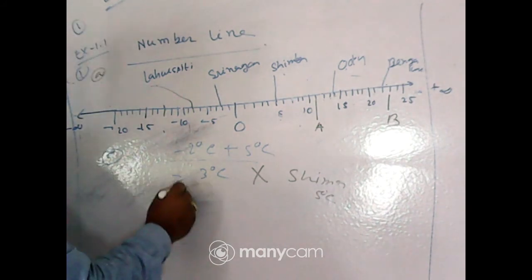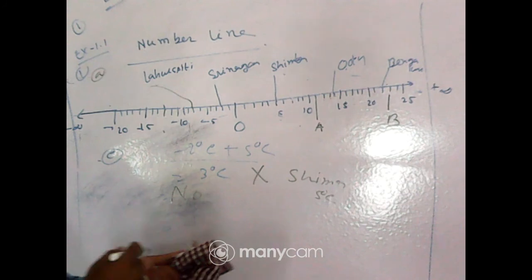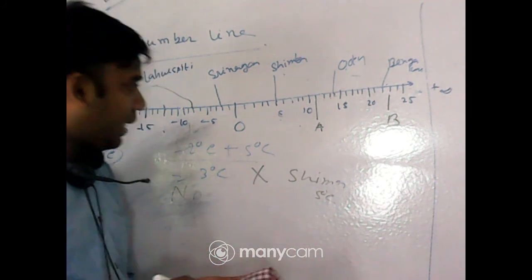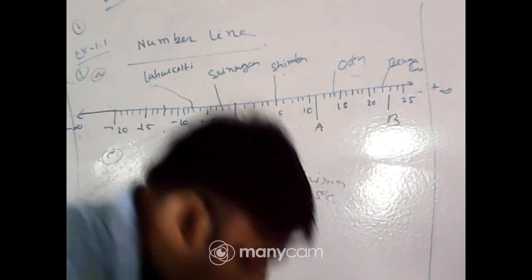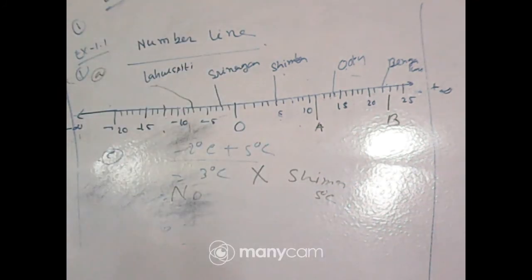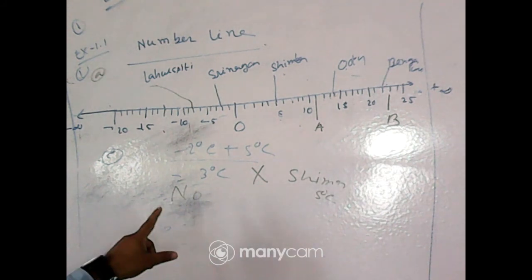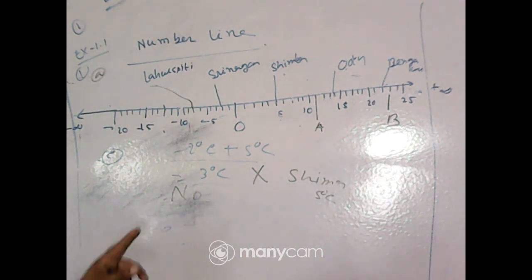If you take the temperature of Srinagar and Simla together, the temperature cannot be less than the temperature of Simla. Got it everyone? Sanchita, look at the board. Minus 2 plus 5, not 7. Minus 2 plus 5 is 3 degrees Celsius.